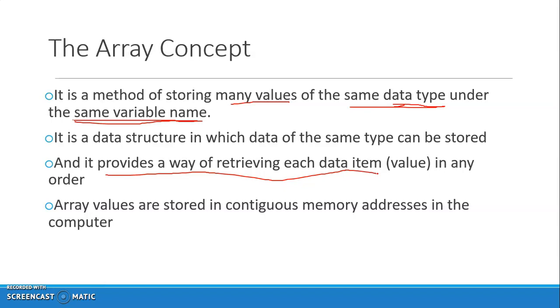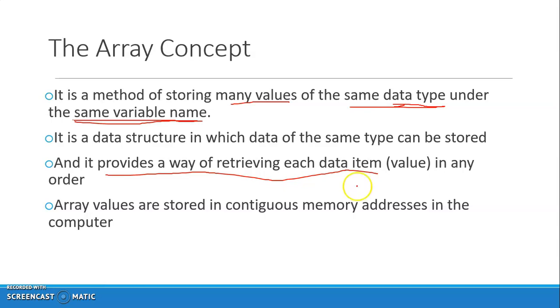You can start with a number which is on position 10 without necessarily going through those numbers which are position 1, 2, 3, 4 up to 9. You can go straight to position 10. You can display a number which is on position 5 or on position 6. It's up to you. So it provides that way of retrieving your data in any order.